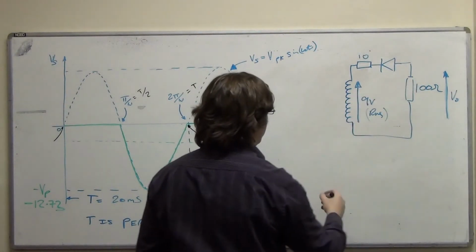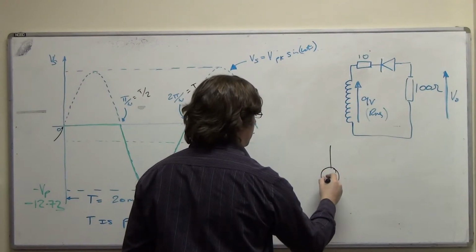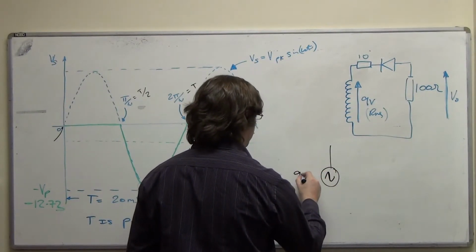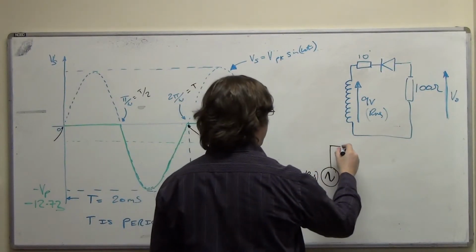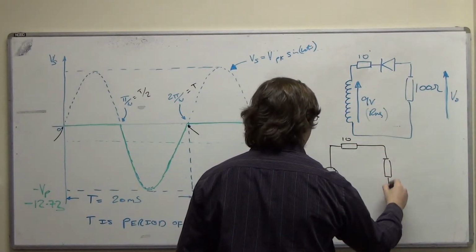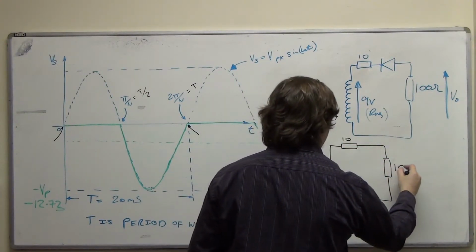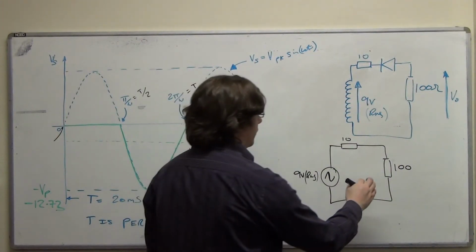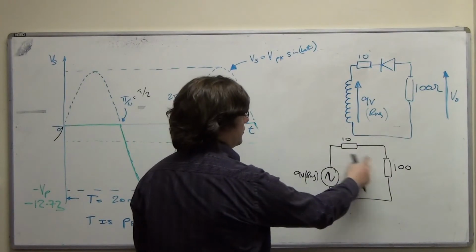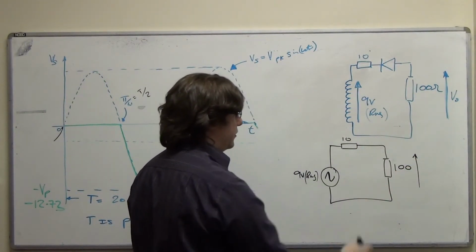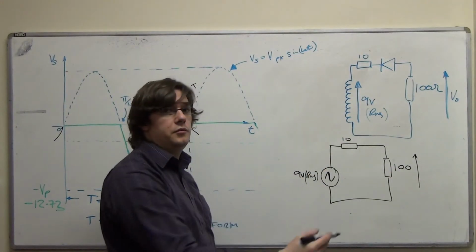Well, that all boils down then to a source of sine wave energy with 9 volts RMS and 10 ohms and 100 ohms. So with a bit of luck you can see that you either go, oh, this adds up to 110 and that's 100 over 100 plus 10 times 9 times root 2.